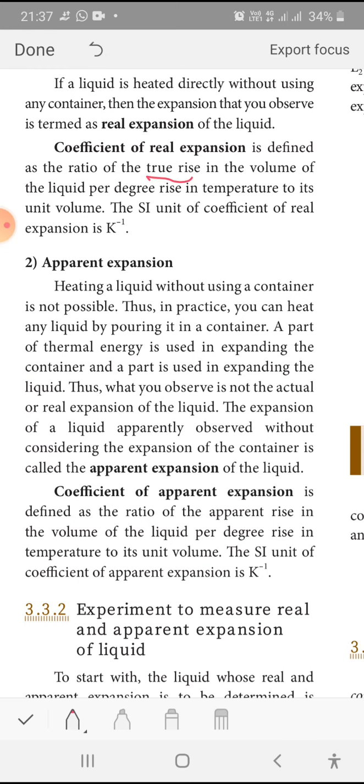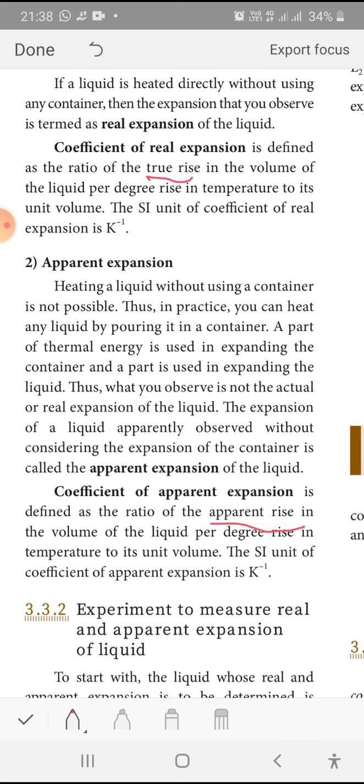Real expansion uses the true rise in volume, apparent expansion uses the apparent rise in volume. This alone is the difference between coefficient of real expansion and coefficient of apparent expansion.